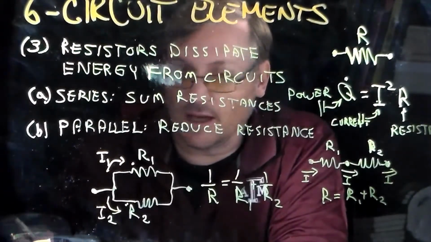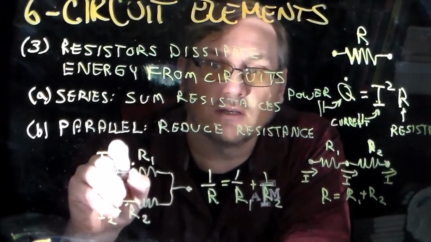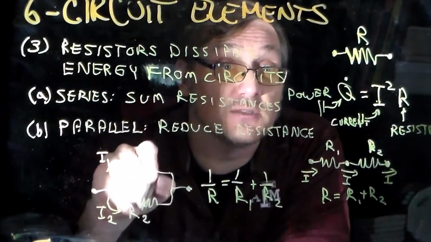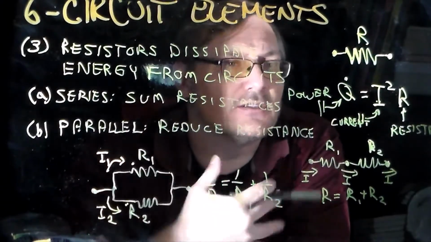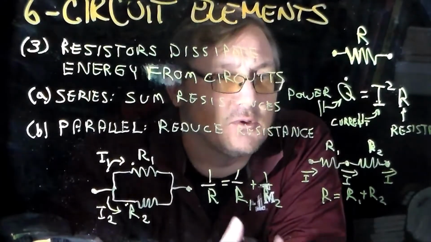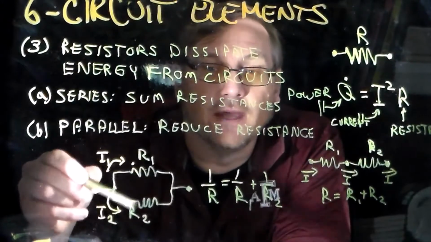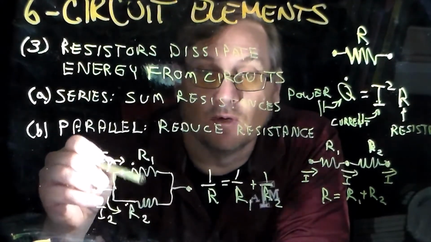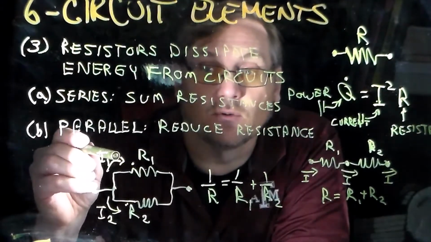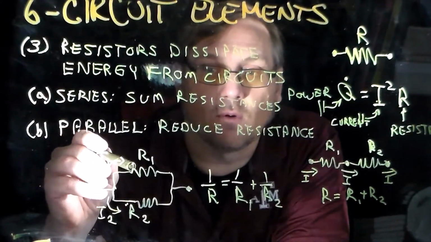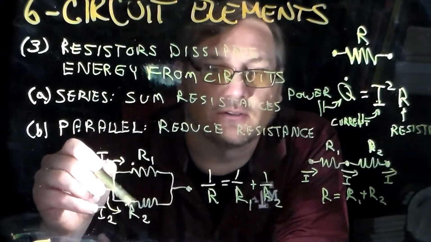Because the currents react to how much energy is being lost in each one of those resistors, because they want to lose as little energy as possible, that's basically what things do in life, these two channels equilibrate, so they have equal amounts of power loss.